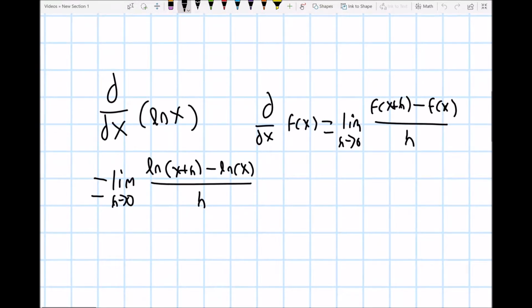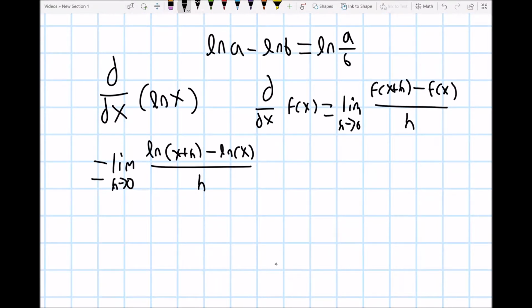When we have the difference of two logarithms, ln a minus ln b is equal to ln of a divided by b. So we can now combine these two to get the limit as h approaches 0 of the ln of x plus h divided by x, over h.